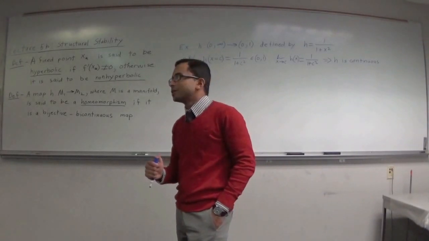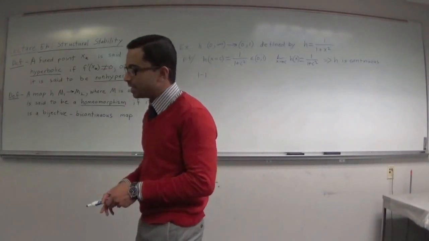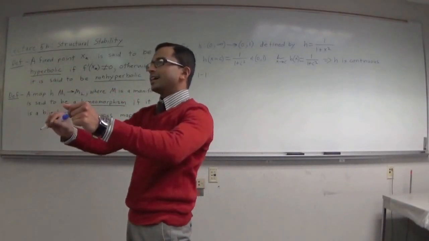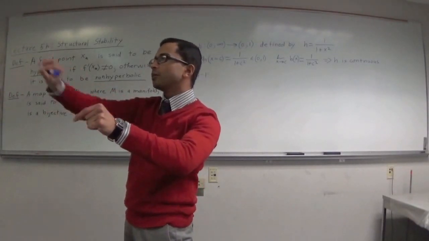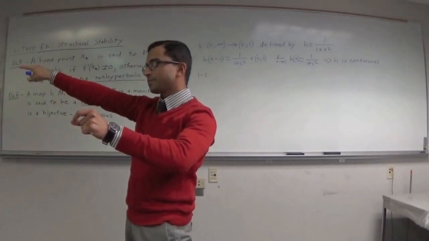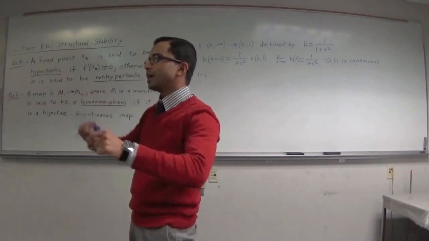So let's think of what 1-to-1 means. 1-to-1 is going to be that we have some set, and every point on this set will be mapped to some point on that set, right? So what do we mean by that analytically?